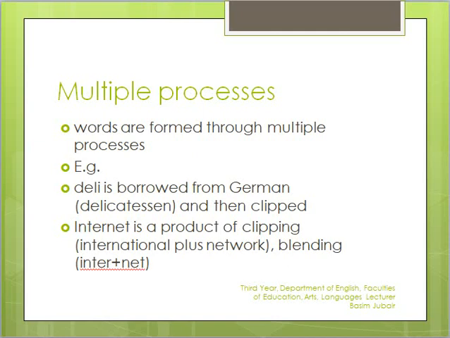For example, Deli is borrowed from German Delikatessen, and then clipped into Deli. Internet is a product of clipping and blending: international plus network, clipped and then blended into internet. So two different processes are involved here.